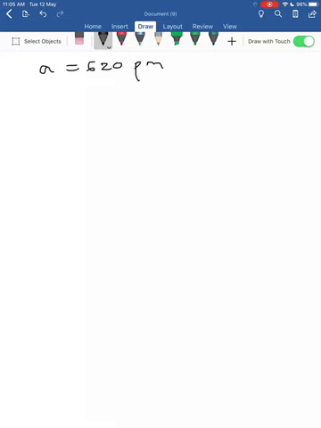Then we have discussed that the nearest neighbor distance in face centered, d, is equal to a by root 2. Again I am repeating, this is the relationship between a and d in a face centered cubic cell.